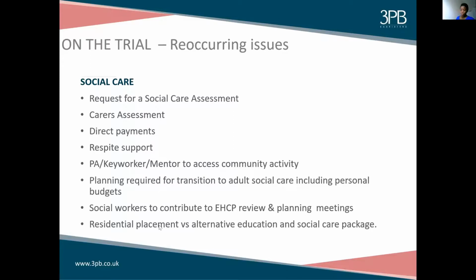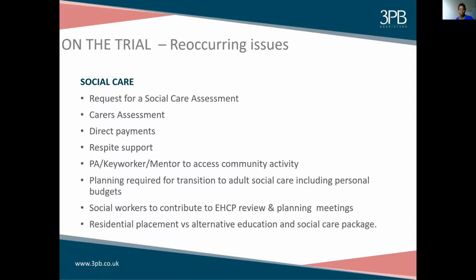Here at the bottom of the slide, we've got residential placement versus alternative education and social care packages. So this is, for example, if you are suggesting that your child should be going to a residential placement to meet their needs, and then the local authority suggests a college on top of a supported living placement with wraparound social care and support workers.